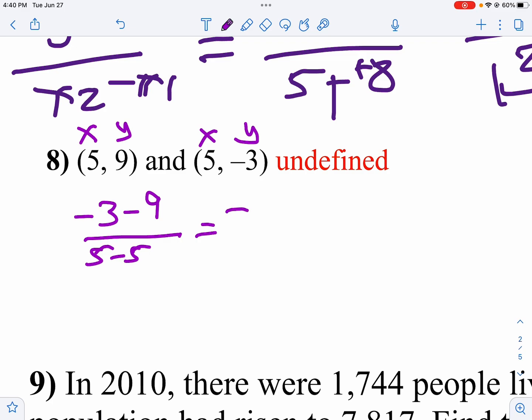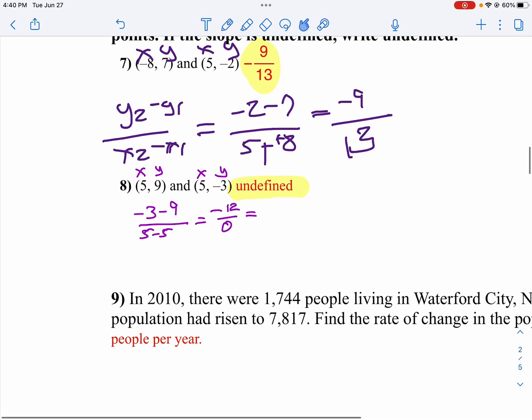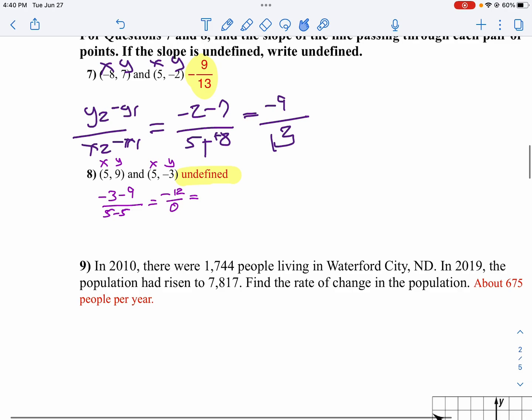Negative 3 minus 9 is negative 12. 5 minus 5 is 0. You can't divide by 0, so we simplify that to be undefined. Negative 12 over 0 is the correct work, but I don't want just the correct work. I want the answer.